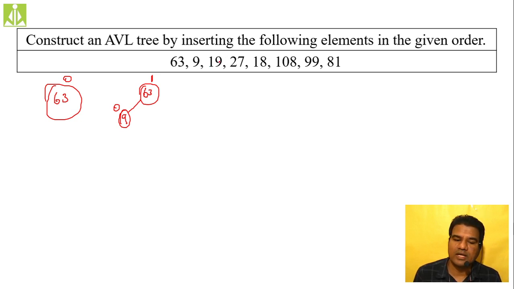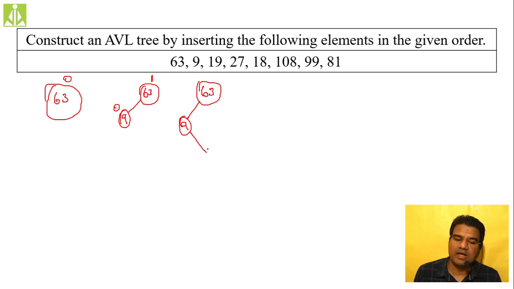Now go to 19 and try to insert 19. We compare this 19 with 63. I'm drawing 63, then 9. Now 19 we are comparing with 63, it is smaller, so move in the left direction. 19 compared with this 9 is greater, so move in the right direction.